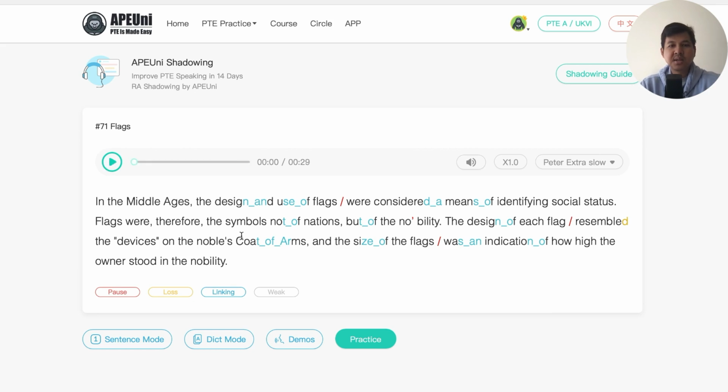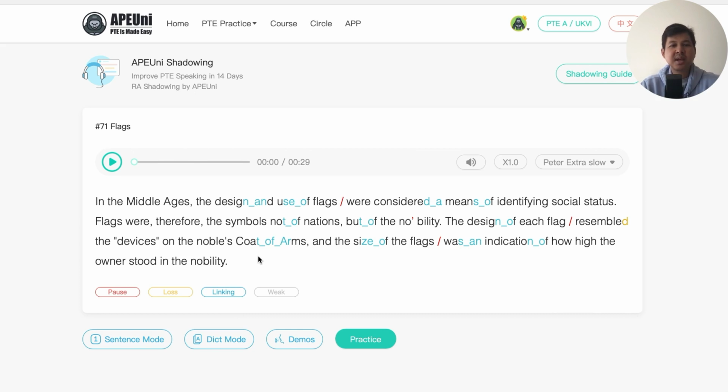I noticed that in this question 71, flags, you see the blue color everywhere. For read aloud questions in the real exam, you might get 6 or 7 questions, right? There should be 2 or 3 questions where you can notice that, okay, this question might test my linking or connected speech, you know what I mean?